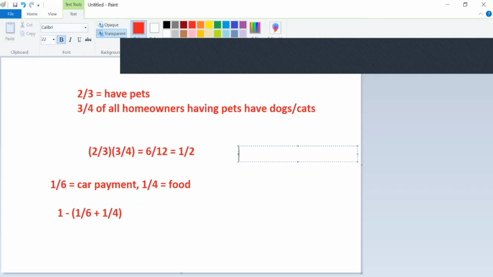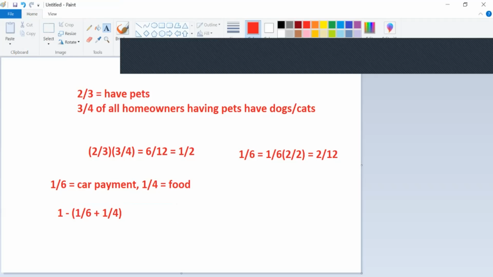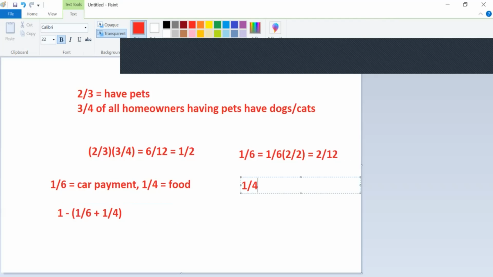So I'll just do it up here. 1/6 is equal to 1/6 times 2 over 2. So I get 1 times 2 on top, 6 times 2 on the bottom, so I get 2/12. And I do the same thing with the 1/4. I'm going to multiply by 3 on top, 3 on the bottom. 1 times 3 is 3, bottom is 4 times 3 is 12.